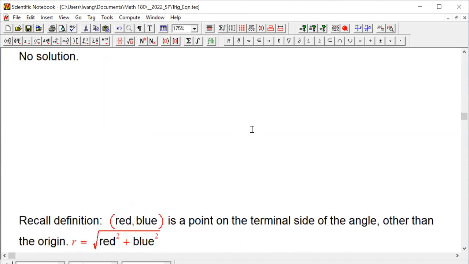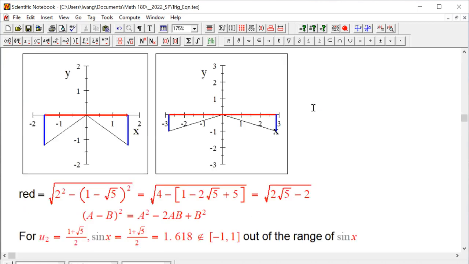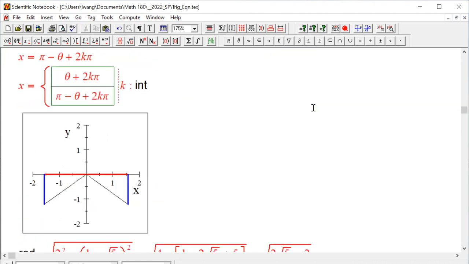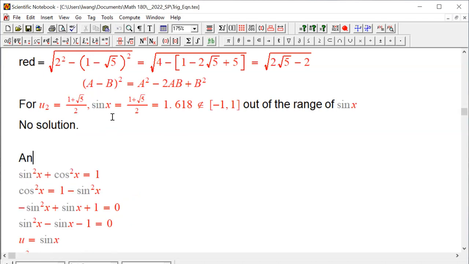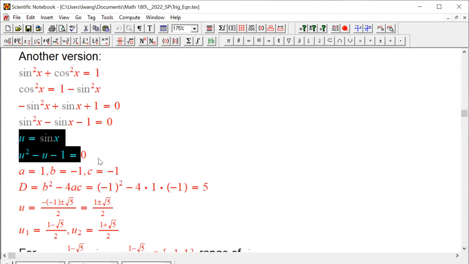Do we have another version of it? Yes, there is another version of it. The other version would be you show the work another way: you don't introduce a u explicitly.